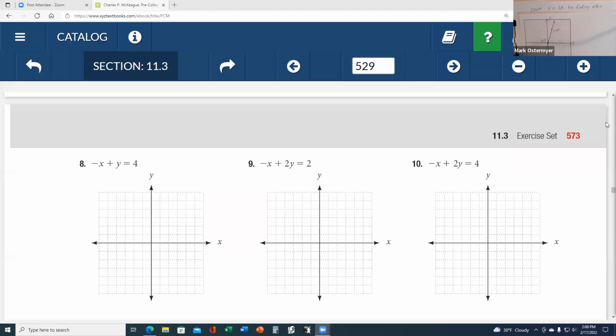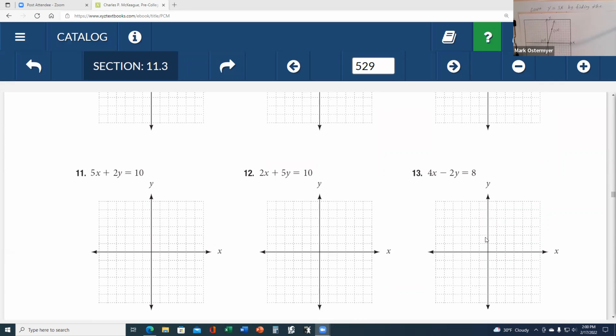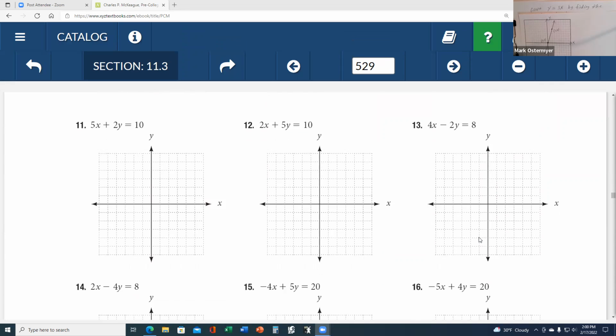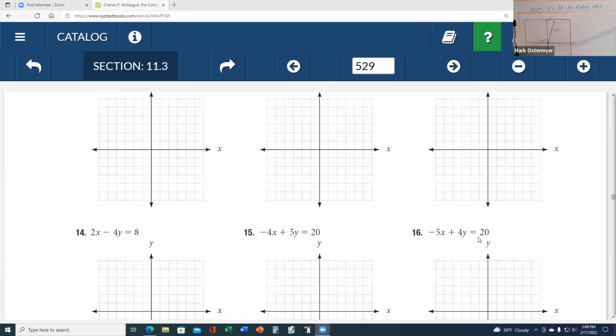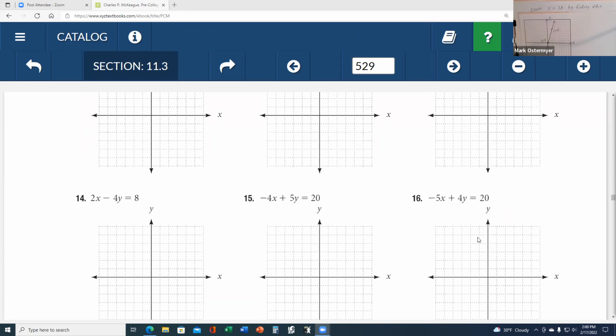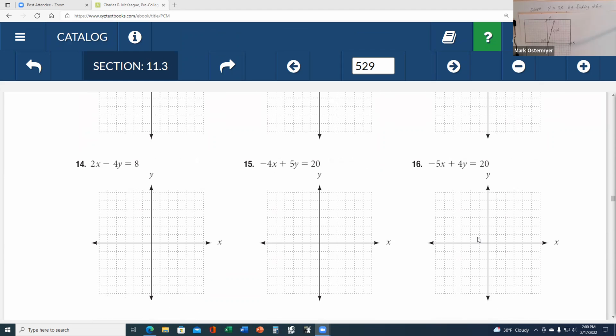Okay, so I'm going to give you classwork number 2 here. Let's see if you can graph number 16, that linear equation of number 16, by finding the x and y intercepts.